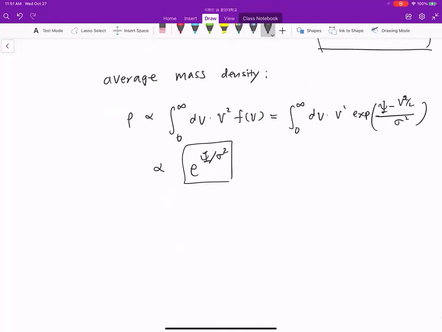So I think that this capital psi is a function of r, radial distance. So you can infer the local mass density from the gravitational potential.